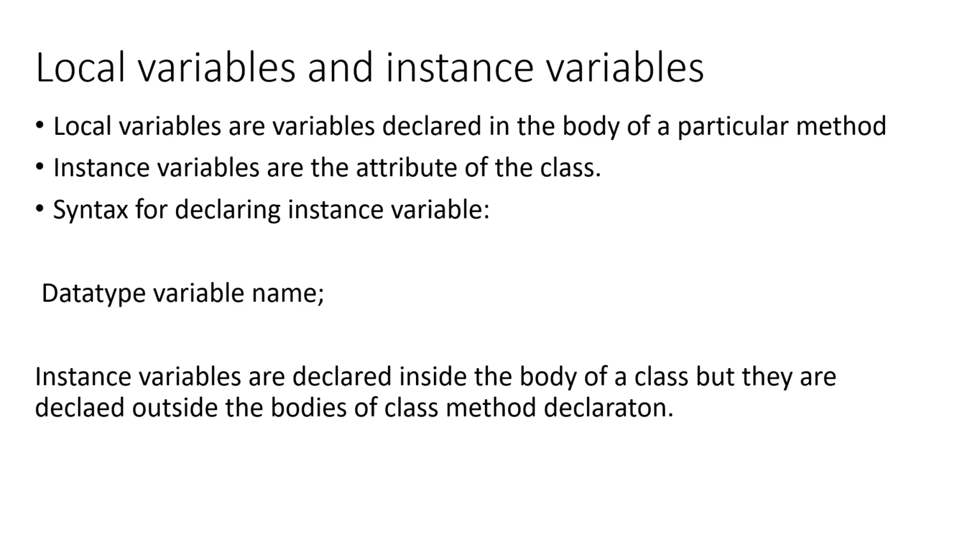These variables can be used only in that method. So that's why we say they are variables declared in the body of a particular method, and they can only be used in that method.